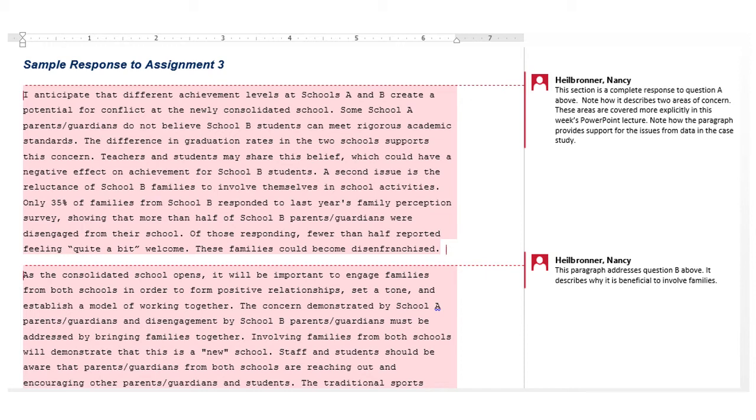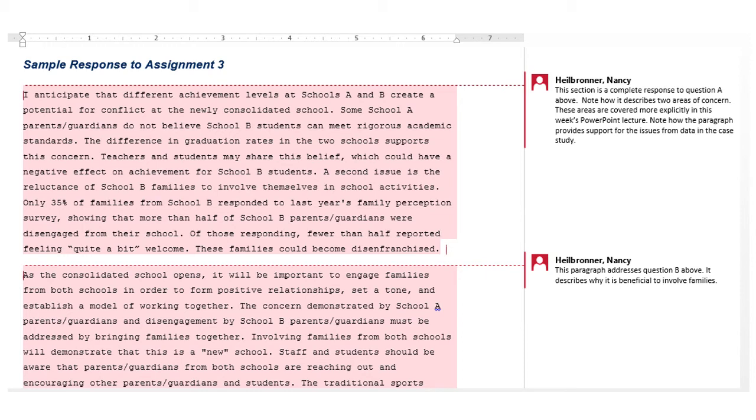So this first paragraph, if you read my comment, this section is a complete response to question A. So that's the first question about identifying two issues. Note how it describes two areas of concern.